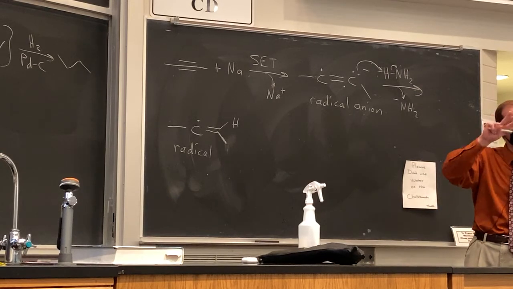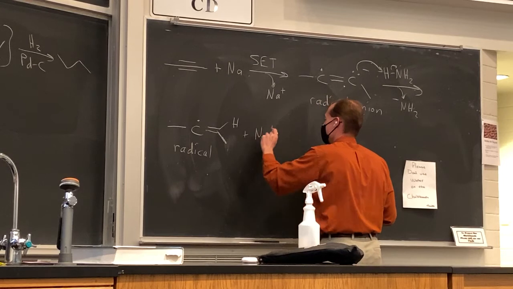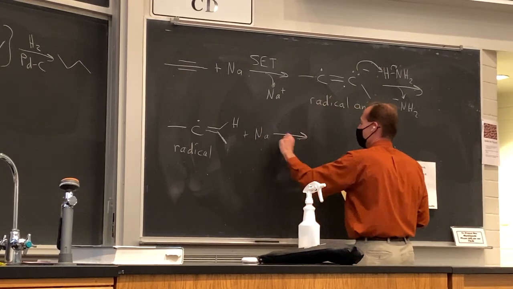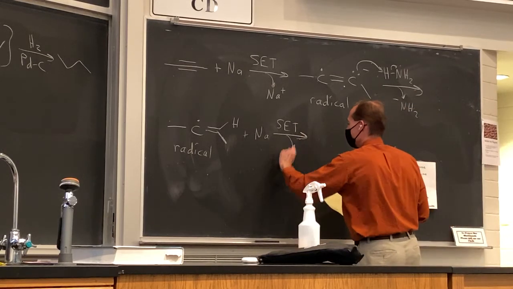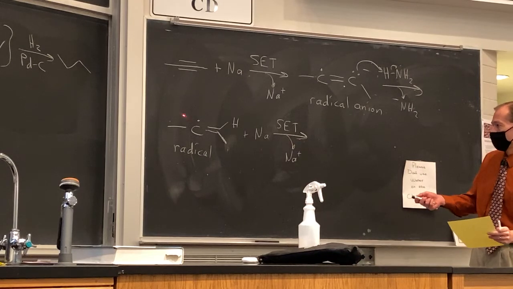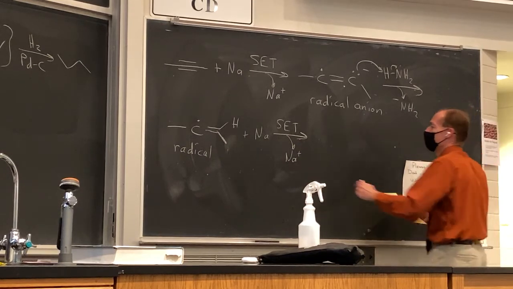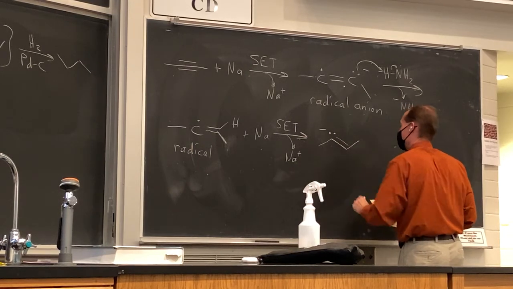And now we're going to do those same two steps over again. We have a second equivalent of sodium that performs a single electron transfer, generating a sodium cation. That's going to convert our radical into an anion. Okay?